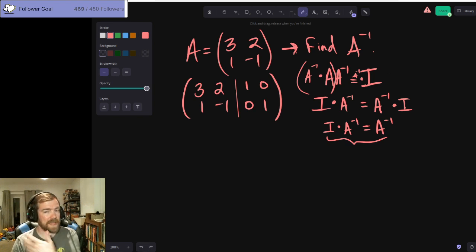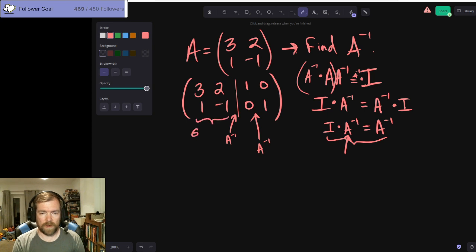So that at the end, on the right-hand side, we'll end up with A inverse. Right here, we want to get the identity matrix.